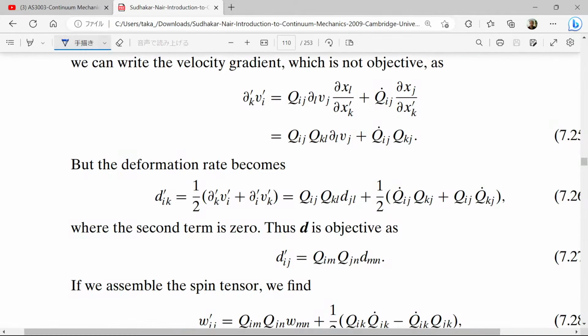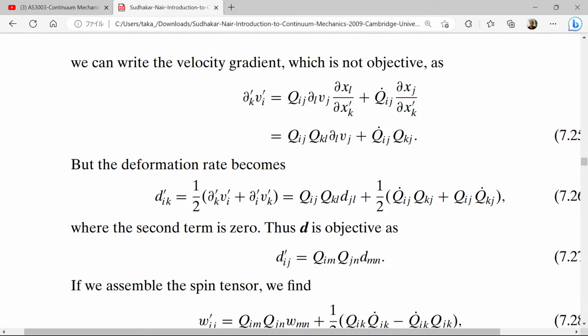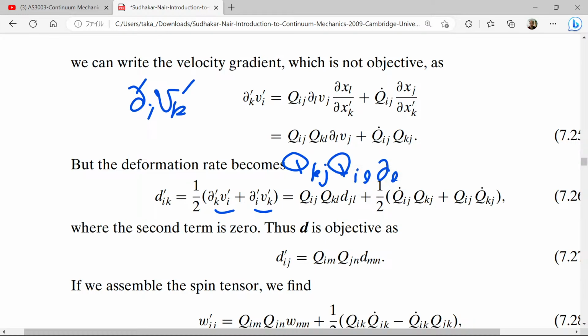I have a pen now. Okay, so we consider the other case, partial i prime v_k prime. So this is ik, ki. In this case, you have q, i goes to k, j, q, k goes to i, l, partial l v_j.